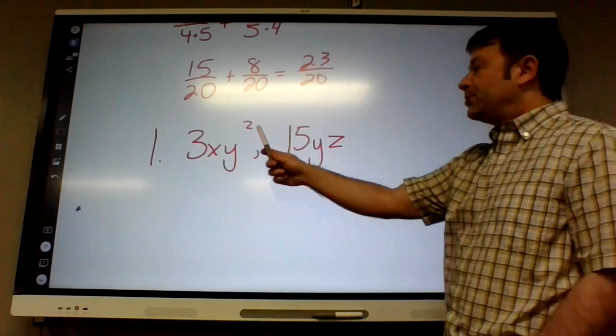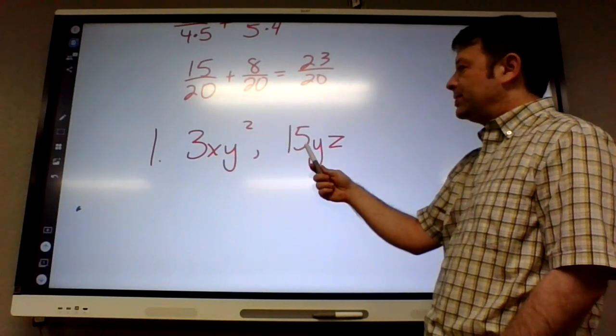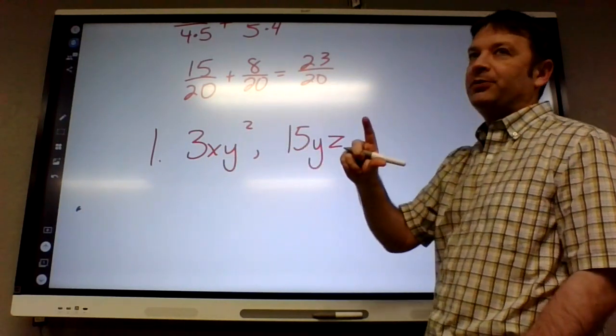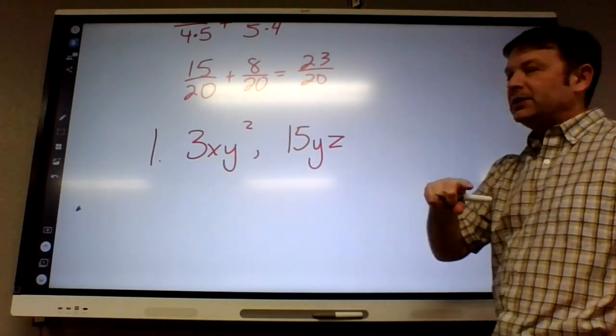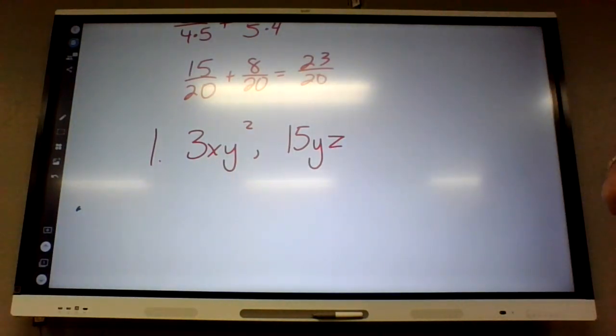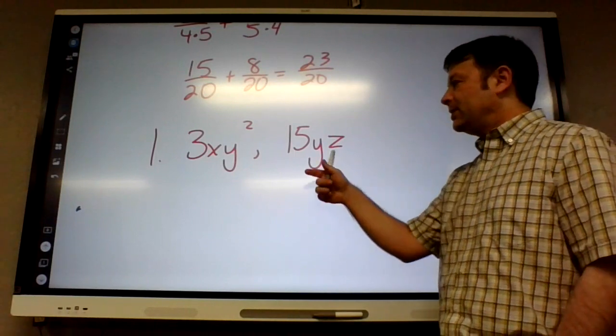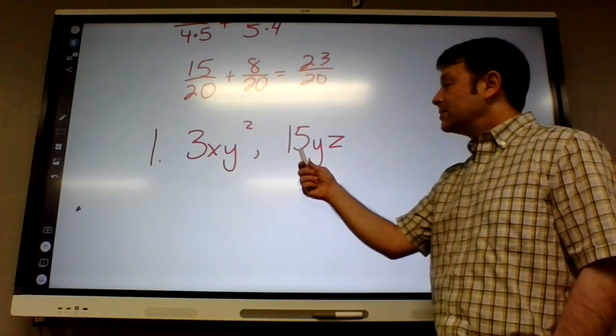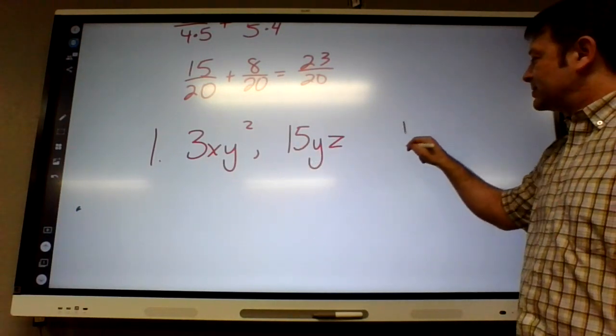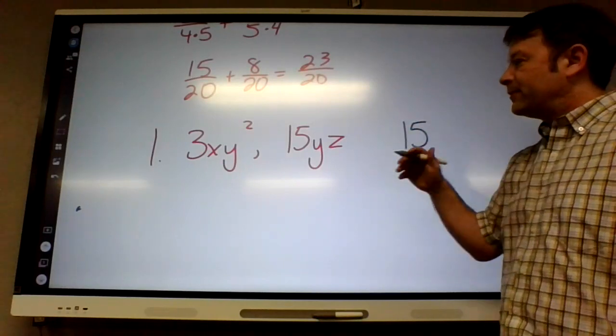What do 3 and 15 both go into? The smallest thing they both go into is 15. It's not what goes into them, it's what they go into. 3 goes into 3, 6, 9, 12, 15. 15 goes into 15. So 15 is the least common multiple of 3 and 15.